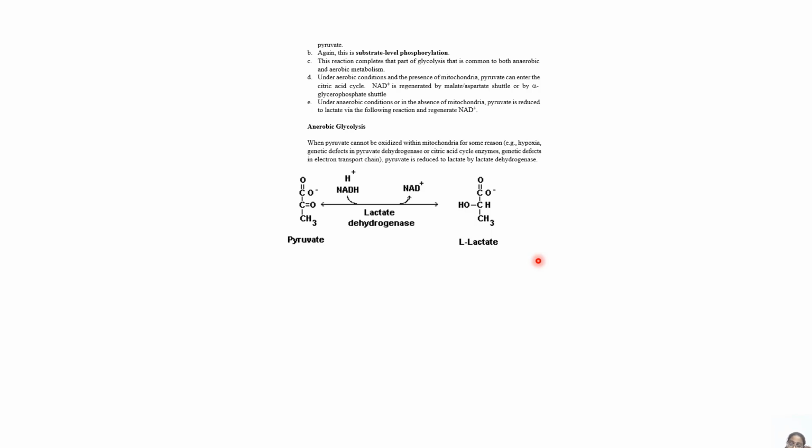Now we have anaerobic glycolysis. So when pyruvate cannot be oxidized within mitochondria for some reason, pyruvate is reduced to lactate by lactate dehydrogenase.